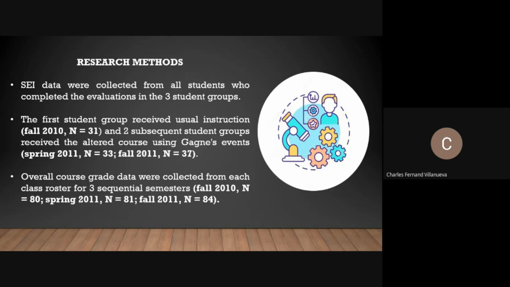The SEI, or Student Evaluation of Instruction, data shows that the first group of students who received the usual teaching approach numbered 31 students, and the other two numbered 33 and 37 respectively. The overall course grade data were collected from each class roster for three sequential semesters, numbering 80, 81, and 84 respectively. The findings will be reported by Jaira.